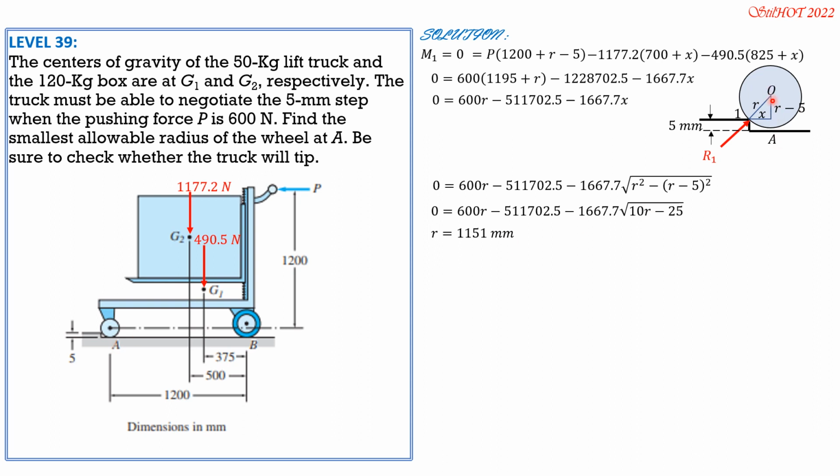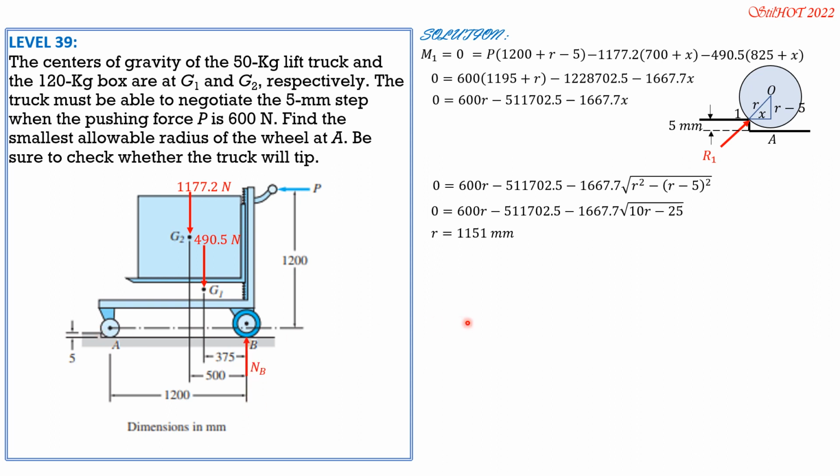I'll call this O, center of this wheel here. So R1 is not involved because it passes through A. There should also be no reaction at A, of course, because the condition is the smallest allowable radius of the wheel at A for this track to negotiate on this step.